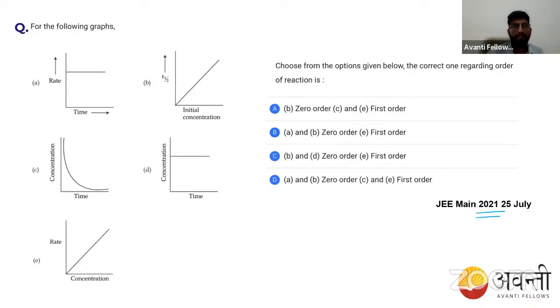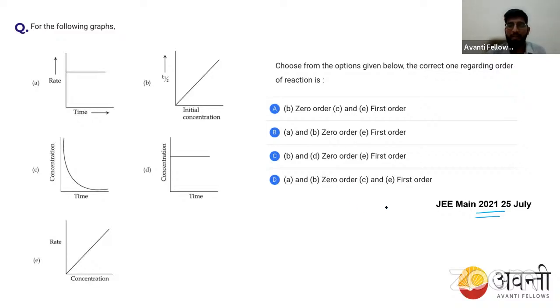Very good question. For a zero order reaction. So very important, guys. You can tell me the answer. Correct one regarding the order of the reaction.